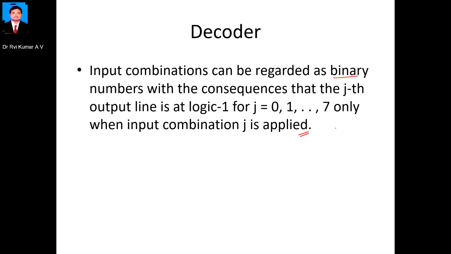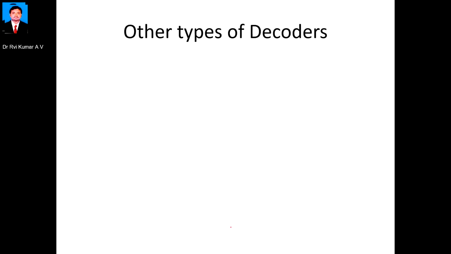It means that if I give the input as x2, x1 and x0, converted into binary form, let's say 000, the decimal number is 0, then your output Z0 will be decoded. For example, if I take 5, that is 101, then output Z5 is decoded. This is how the decoder works.